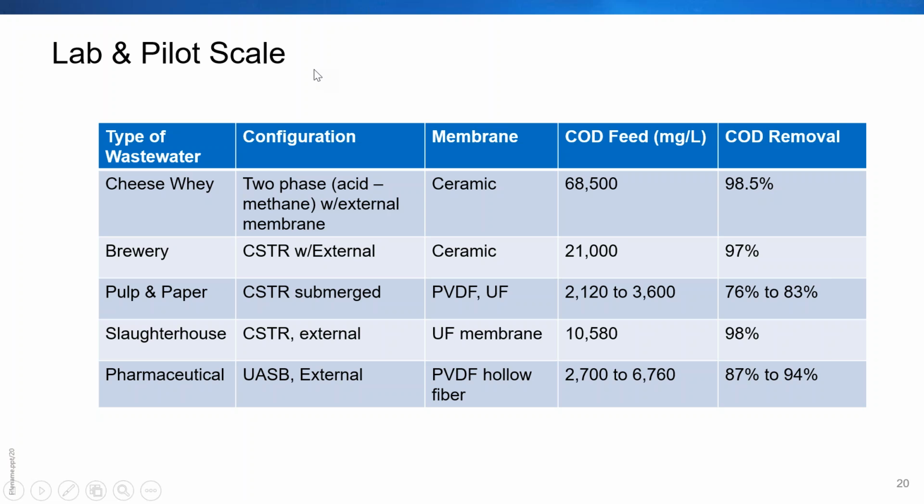So I picked out a few select ones just to highlight again that we're talking about very much the industrial side, food side. So you've got whey and cheese, and what they've tried doing there was a two-phase system with an external membrane. So two-phase digestion, really anaerobic digestion on the liquid stream, followed by an external membrane.